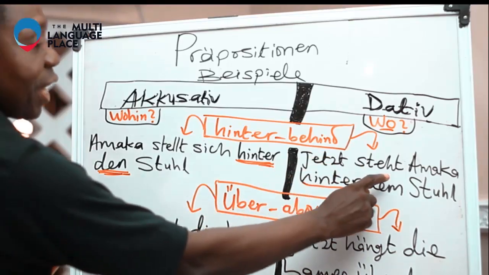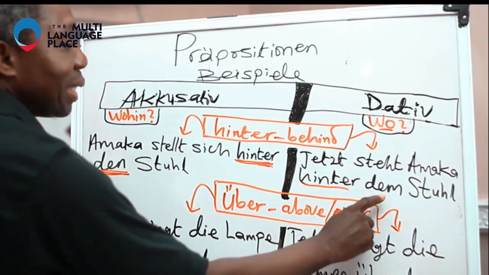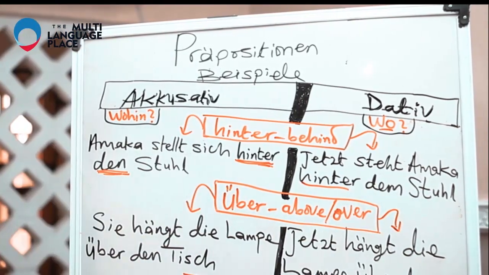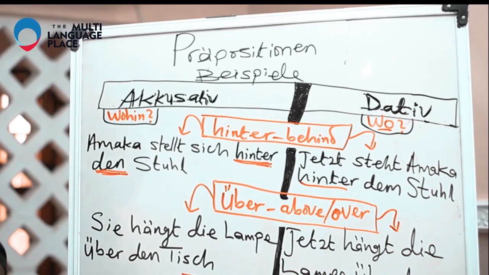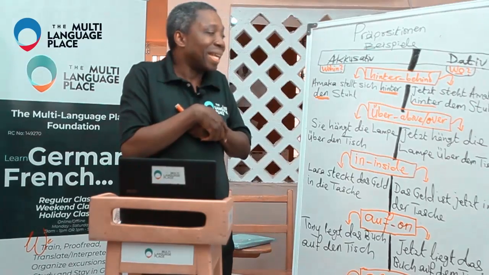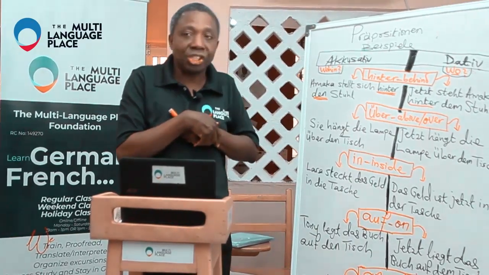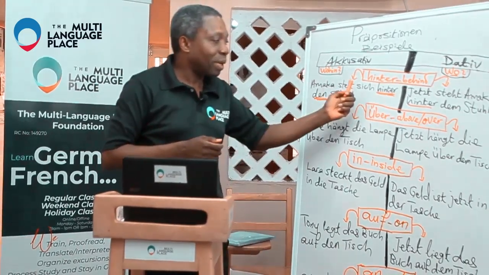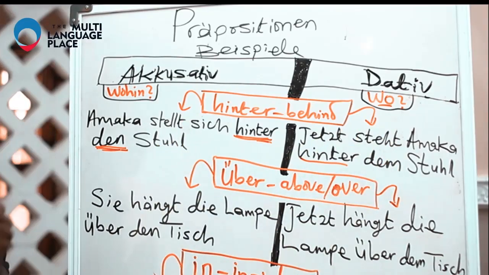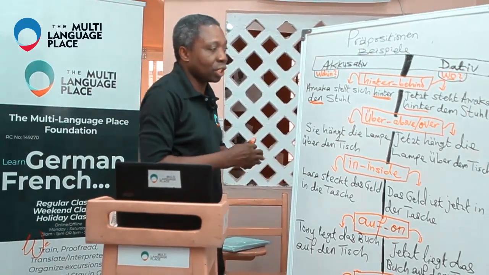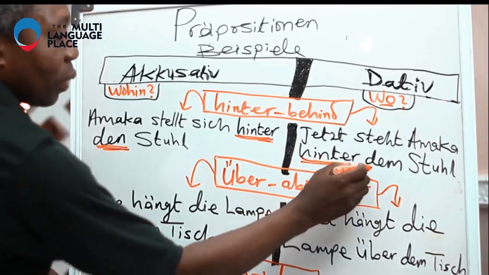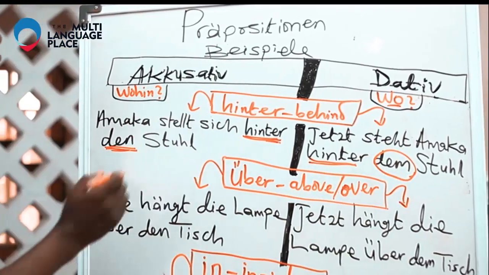Jetzt steht Amaka hinter dem Stuhl. Now Amaka is standing behind the chair. Now there is no movement here, there is positioning here. And once there is a positioning, hinter will take dative.